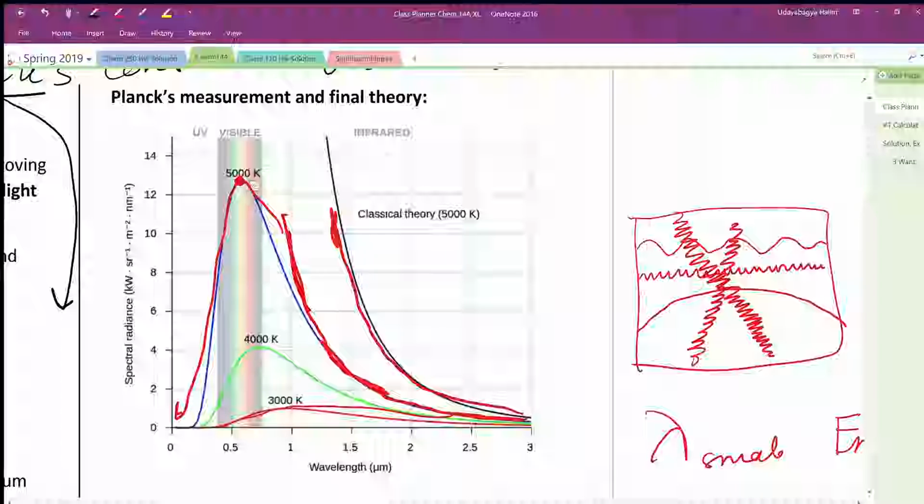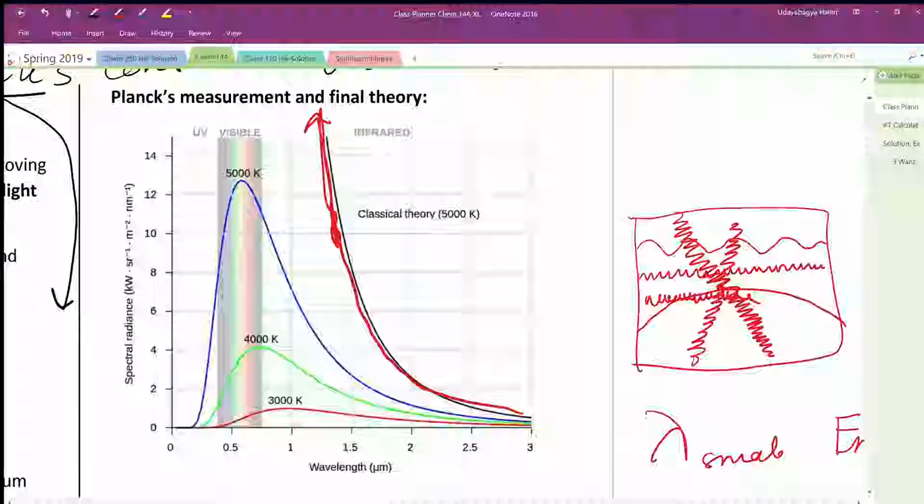Whereas in the old classical physics theory, the higher the energy of the wavelength, the more you can fit into the object. So an object would then have more and more of these high energy waves.